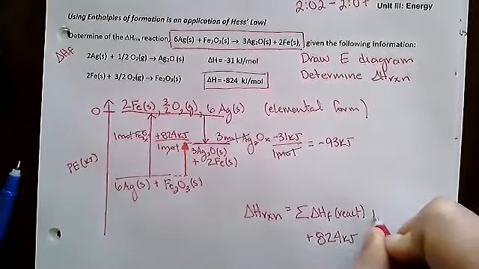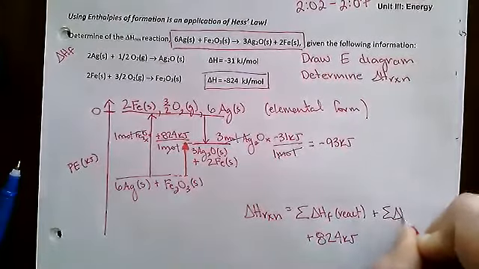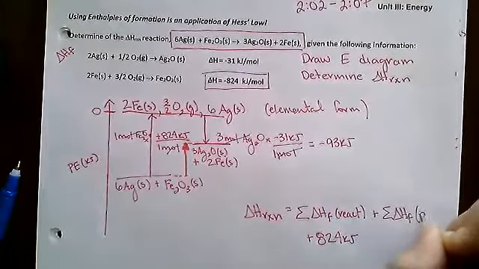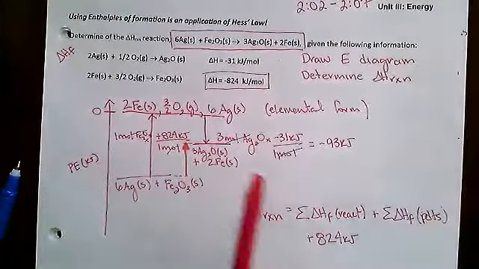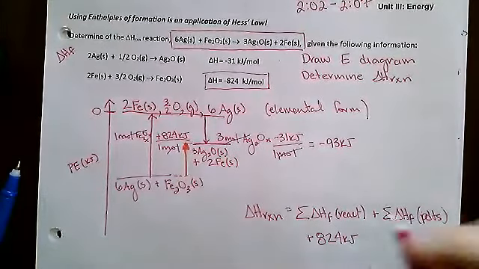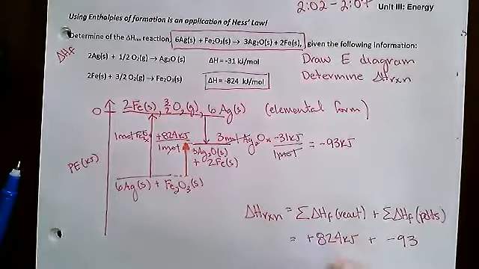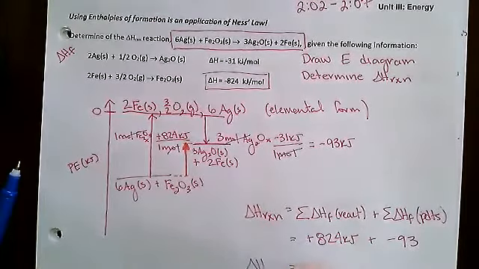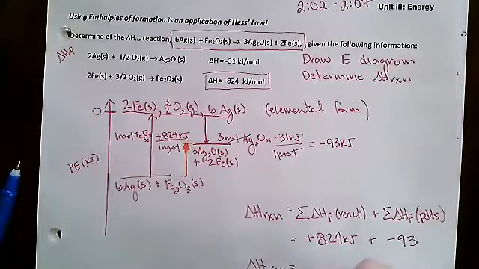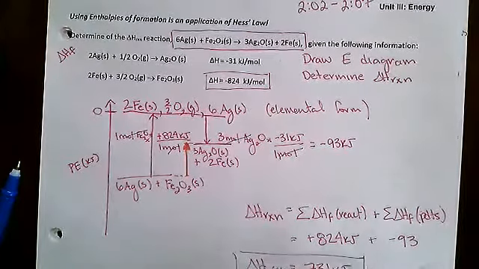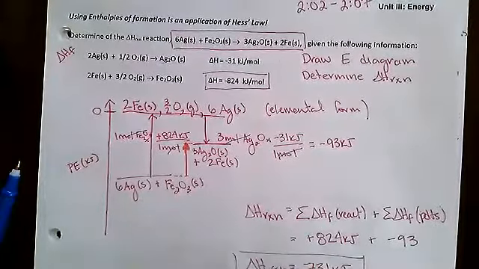And then sum the heat of formations for the products. We did that, accounting for their moles, negative 93. So overall, the delta H of this reaction is a positive 731 kilojoules. So it was very endothermic and not favorable.